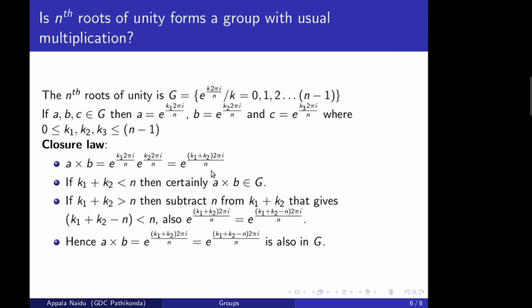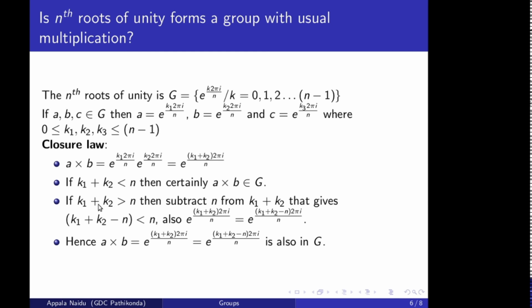Now k1 plus k2 is obviously greater than or equal to 0. If it is less than n minus 1, or less than n, this element a into b is in G. If it is greater than n, it is quite possible, because if k1 is n minus 1 and k2 is n minus 1, k1 plus k2 is 2n minus 2.